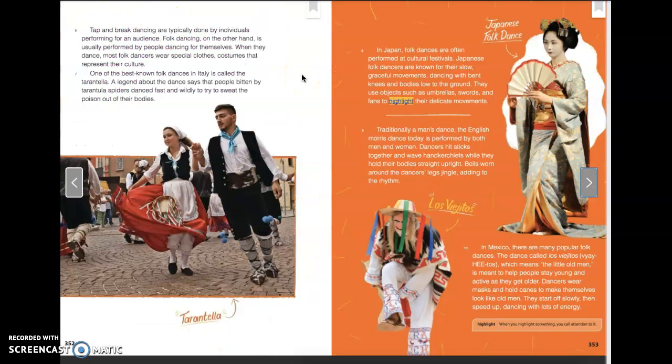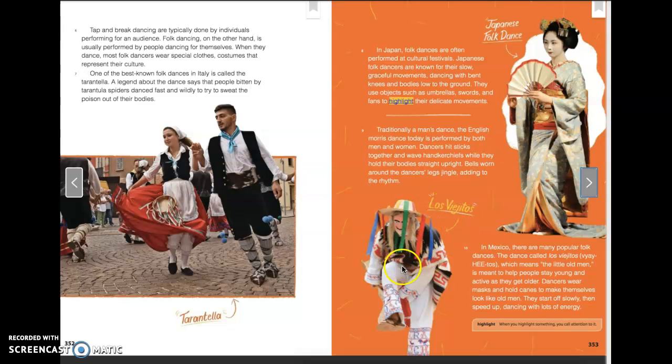Now on the next page, 352 and 353, I just want us to look at what text or graphic features are shown on this page. In the photos, I see a Japanese folk dance, the person who's performing that, the label says Japanese folk dance, and a Mexican folk dance called Los Viejitos.